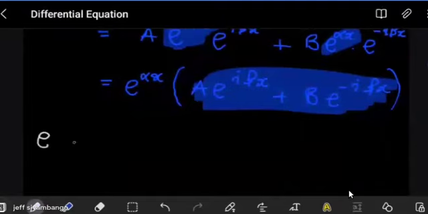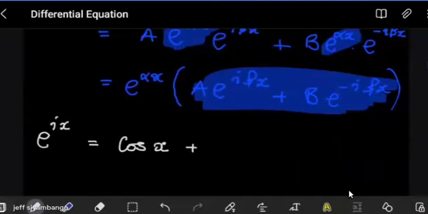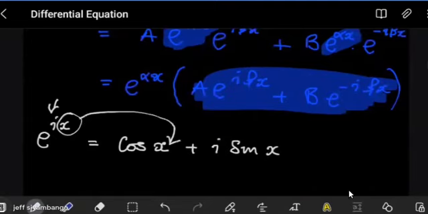Euler's identity says that if you have the exponent of i and then, let's say, beta x, this would be the same as cos. Let me remove the beta there for now. Let's say if you just had i x, this would end up being cos x plus i sine x. So in other words, it's the imaginary times anything here, but the anything will always be the argument of the trig ratios.